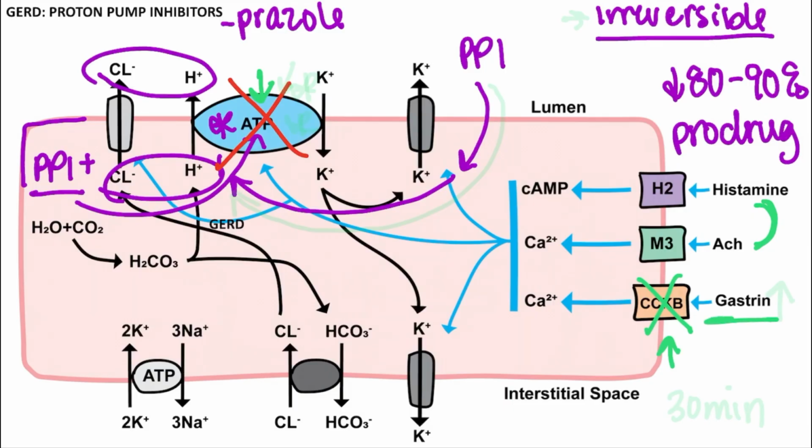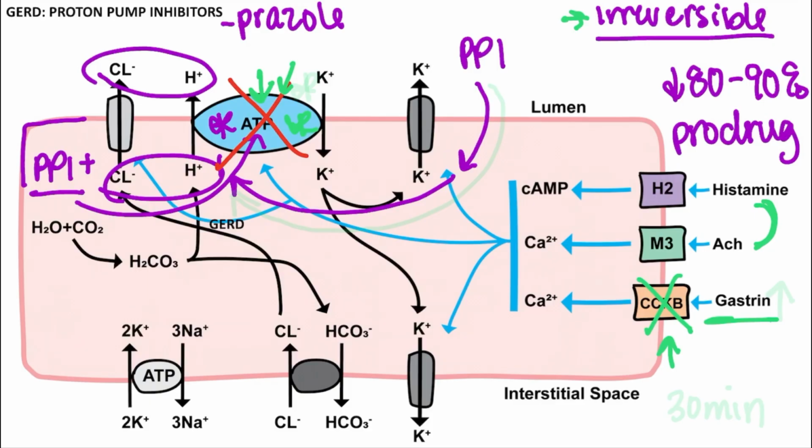But by targeting this last step irreversibly, there are few ways in which the system can actually circumvent the PPI's mechanism of action. So because this inhibition is irreversible, further acid secretion is going to require the synthesis of new proton pumps. So we're going to have to wait for transcription, translation, and insertion into parietal cell membranes.